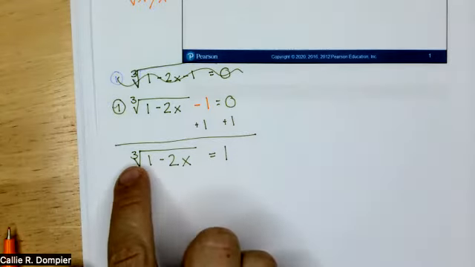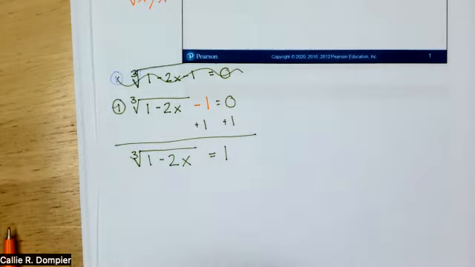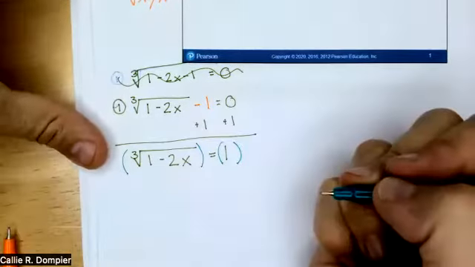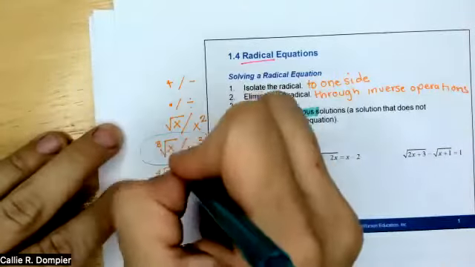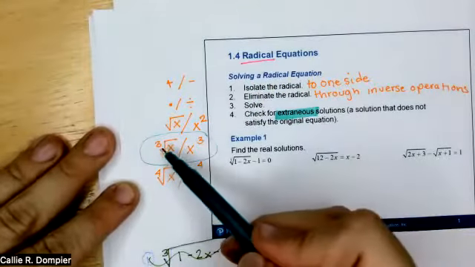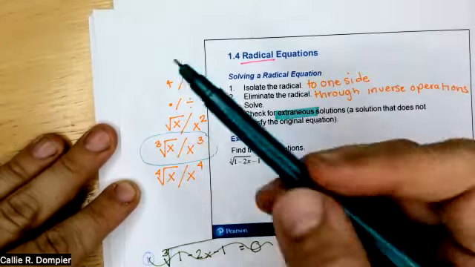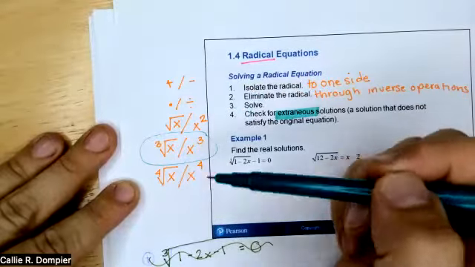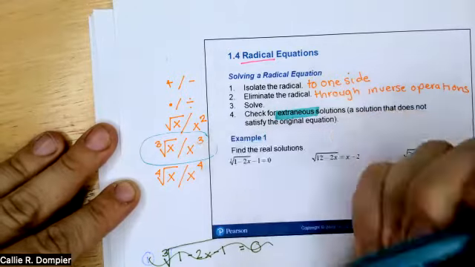Now we need to do the opposite of the third root because everything, including x, is under a third root. What is the opposite of the third root? If I look up there at my list, it's this one. I have a third root, so I need to raise both sides to the power of 3.